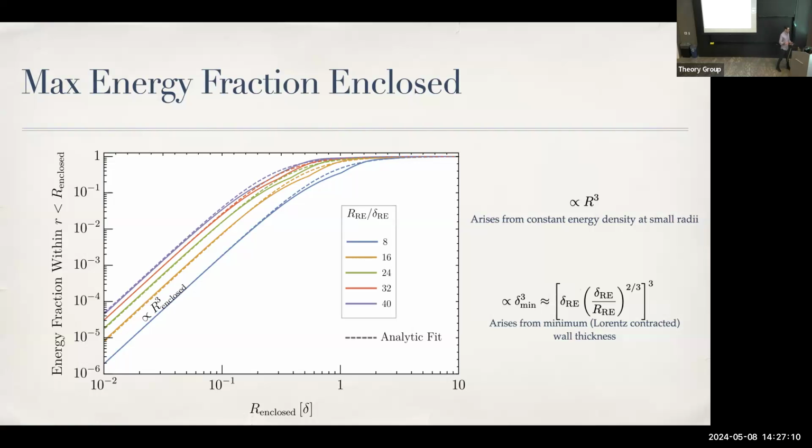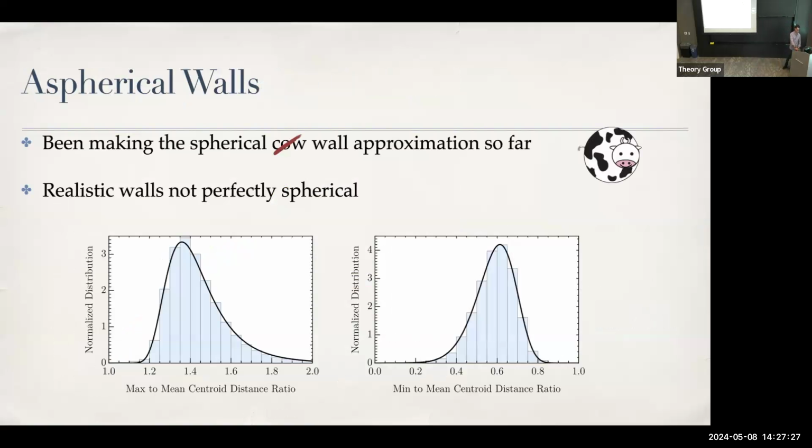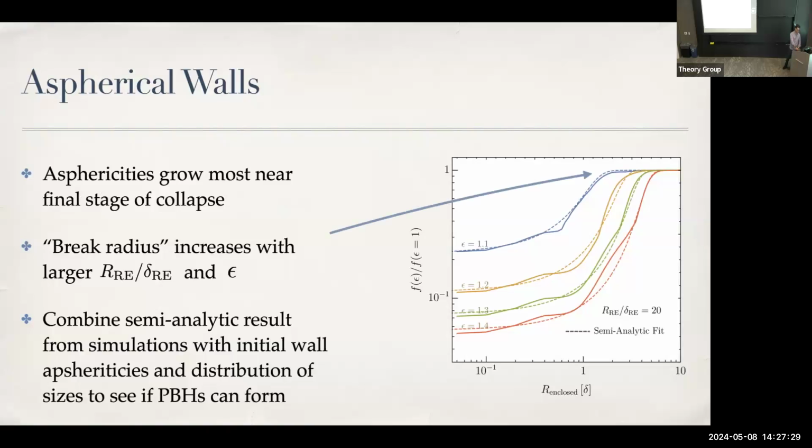If I recall, it actually doesn't. It's a very small effect, a 10% thing. But we checked both because we were worried exactly about that. Because you could potentially imagine a wall that starts off somewhat mildly aspherical and becomes super aspherical by the time it re-enters, but that doesn't happen actually. I see. Yeah. Okay, good.